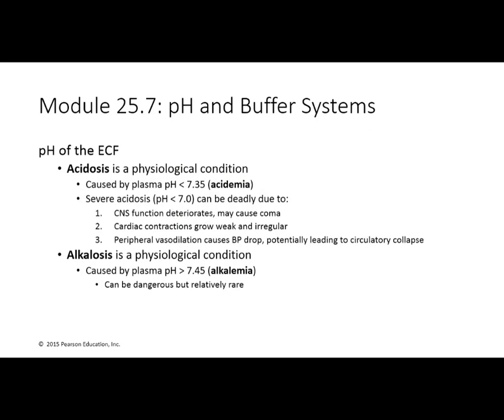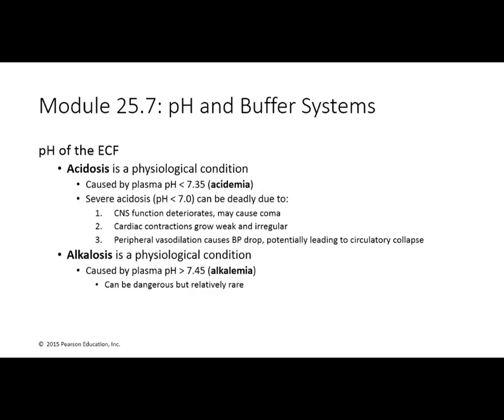Just some definitions. Now, if your blood, and in essence also your plasma pH, goes below 7.35, you are more acidic than you should be. We're going to say that you are acidotic or that you have acidemia. Below 7, like I said, is considered very dangerous. What's going to happen?